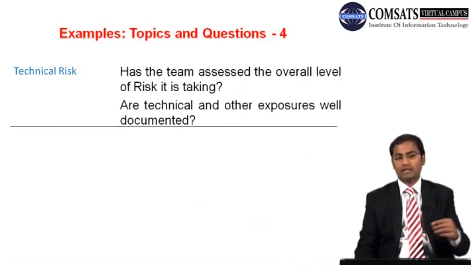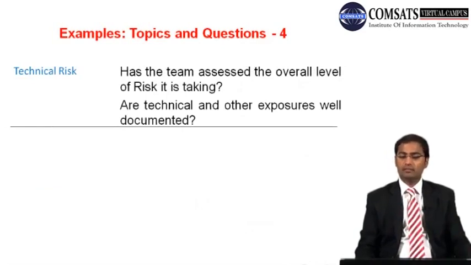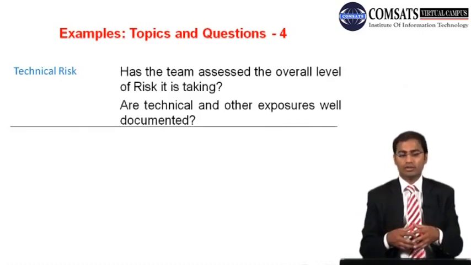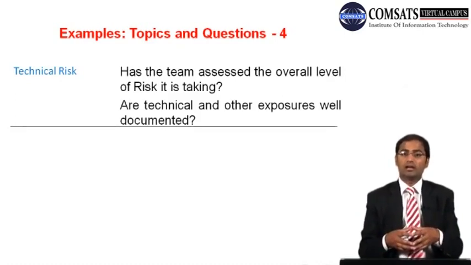So these are a few questions. And then, has the team assessed the overall level of risk it is taking? Are technical and other exposures well documented? The list can go beyond that. So you may have other questions to be asked to have a better understanding of scope or type of risk, identifying those.